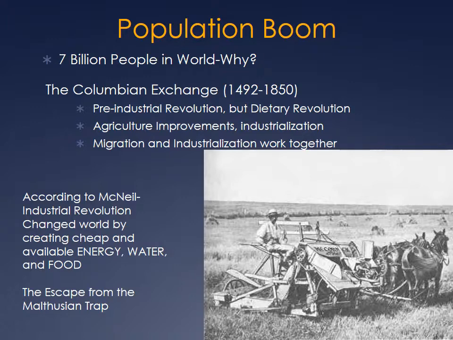Of course, industrialization results in the ability to build more, to heat more. And so the Industrial Revolution speeds the Columbian Exchange, the movement of important goods, important foods. It is not a coincidence that the Industrial Revolution comes alongside a massive population boom.